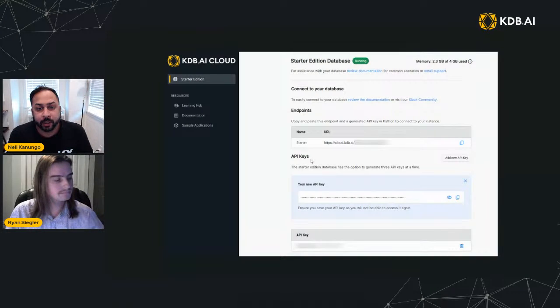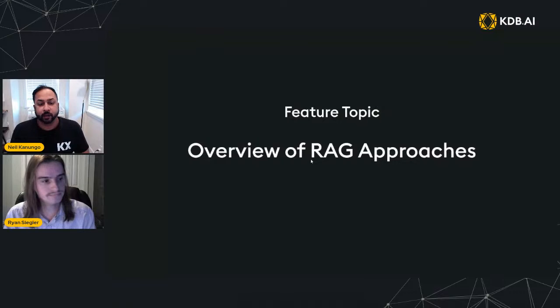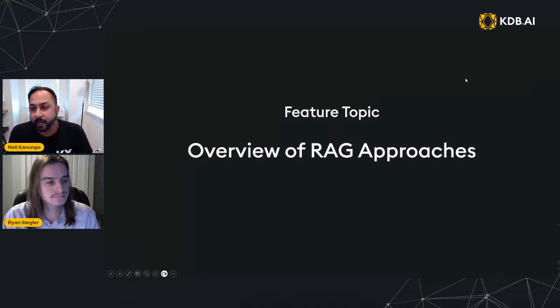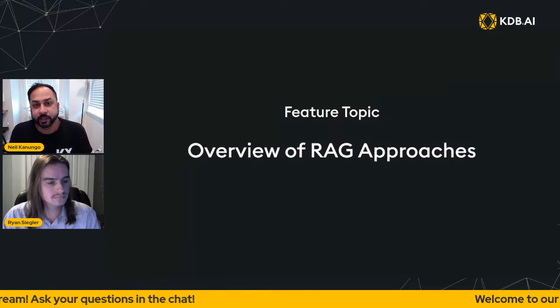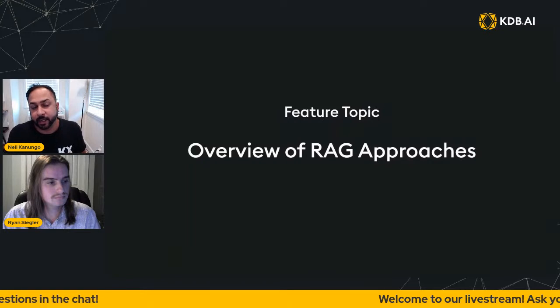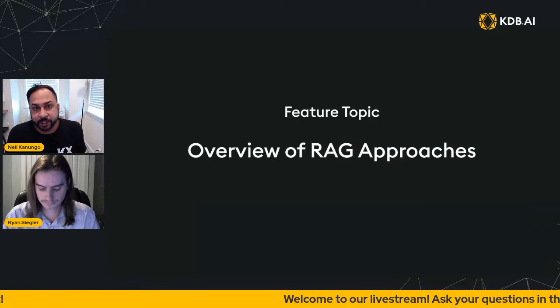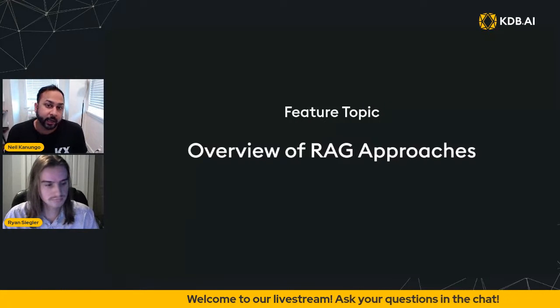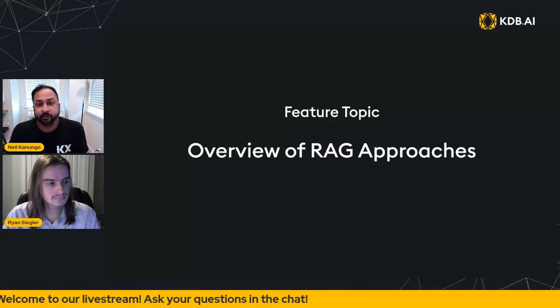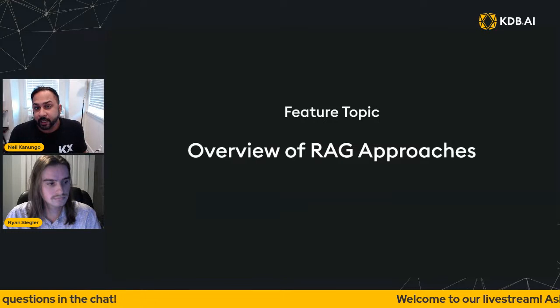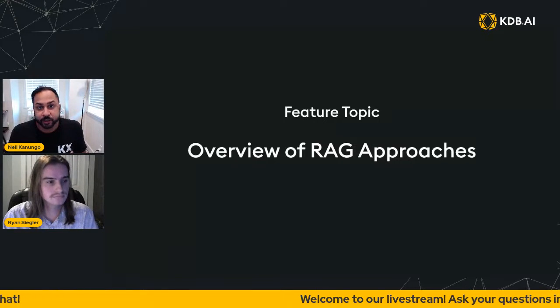But I wanted to get started with our feature topic on an overview of RAG approaches. And one thing I wanted to mention before we get started is that you can actually ask your questions in the chat and interact with us in the chat. We do these live streams so that you can be a part of the discussion and we can help address any questions. To start with, I would love to hear from you if you're using LangChain, LlamaIndex, both, neither, just getting started.